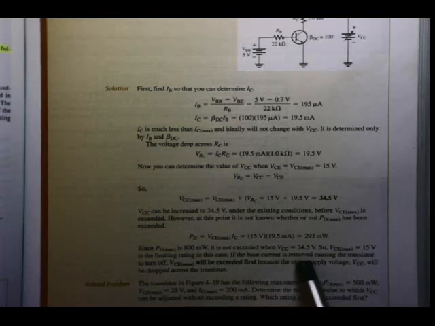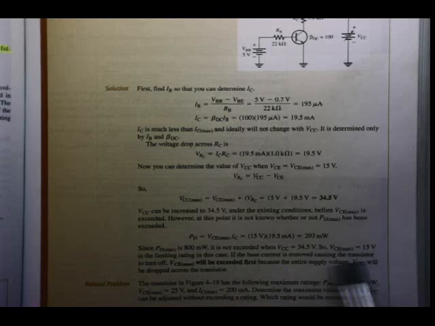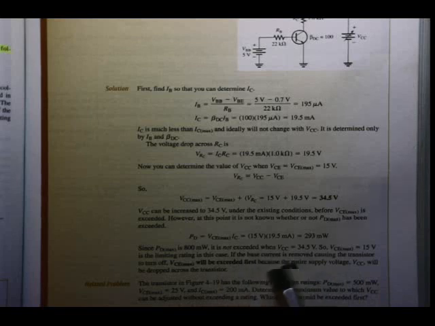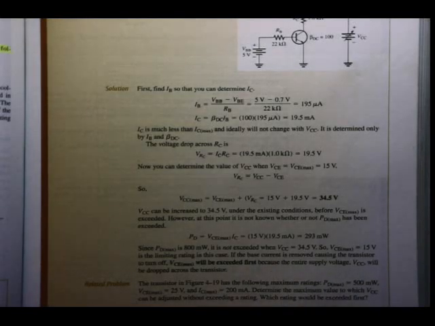If the base current is removed, causing the transistor to turn off, VCE max will be exceeded first, because the entire supply voltage, remember now, if the base current is removed, it means that the transistor goes into cutoff. The transistor now acts as a switch which is open. When the switch is open, I have to measure the voltage between VCE.